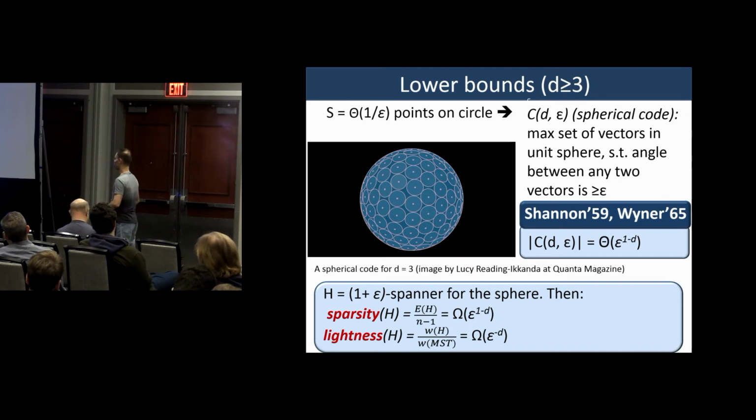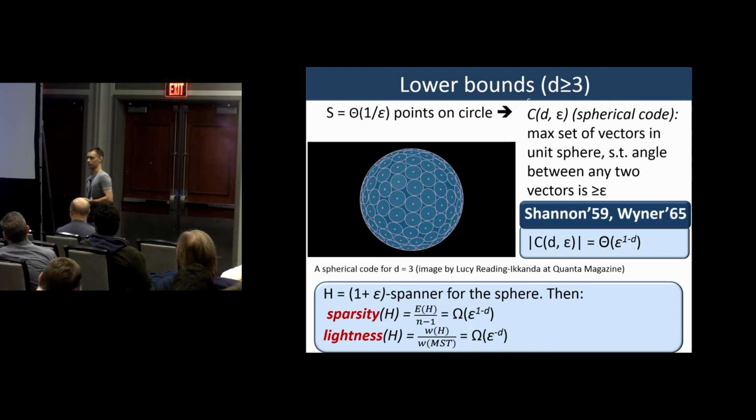And what we know is that you can pack many vectors to the unit sphere so that the minimum distance between any 2 vectors will be at least epsilon. And the number of vectors that you can pack is this. And I'm ignoring dependencies. So let's assume that the dimension is constant here. If not, we need to throw some exponential in d. But by using this packing property with a simple observation from before, we get the lower bound for any dimensions.